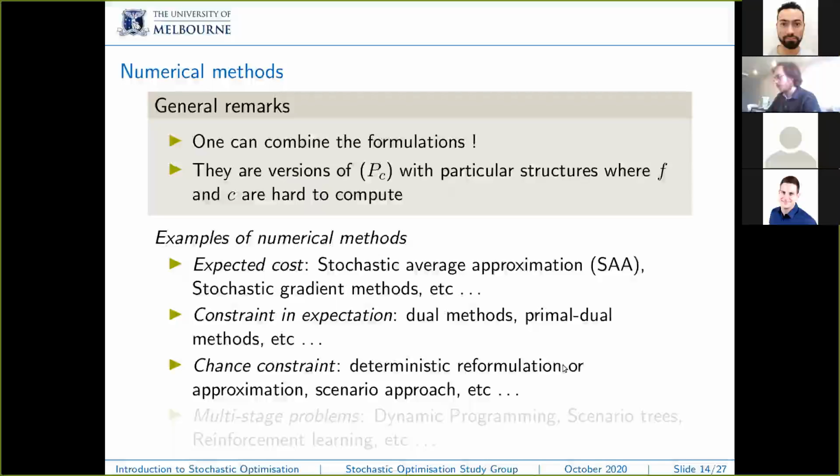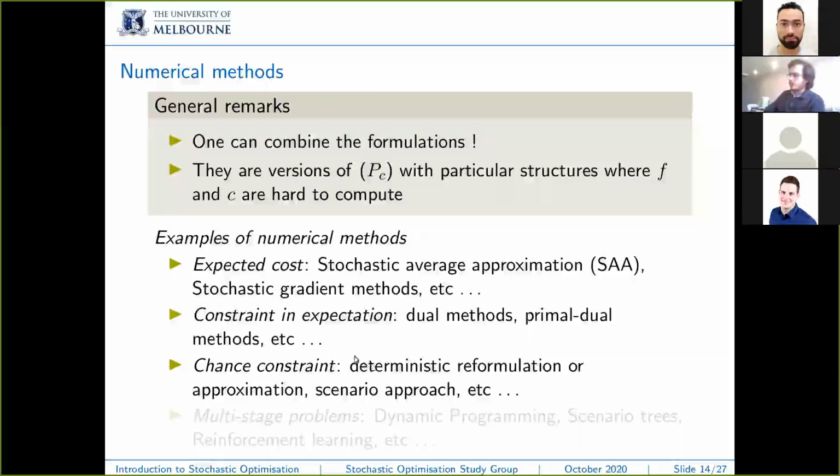Typically, in the case where you know the probability distribution and you can actually compute this constraint, you have a deterministic reformulation, typically when you have linear constraints and Gaussian distribution, everything is nice. You might also end up with an approximation, typically an inner approximation, so you restrict the set that you consider, but you have a nicer way of writing it.